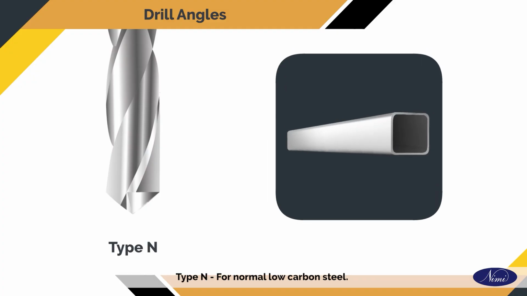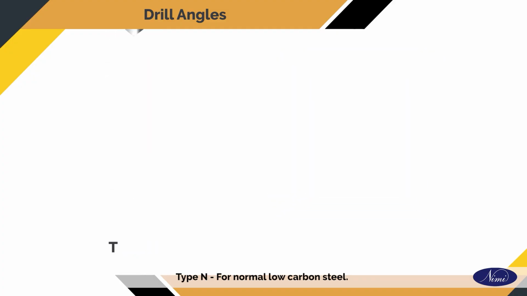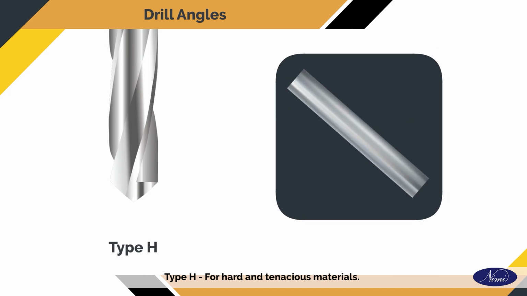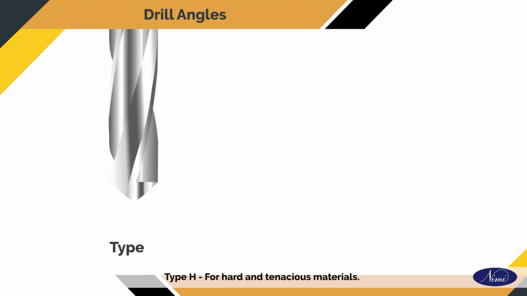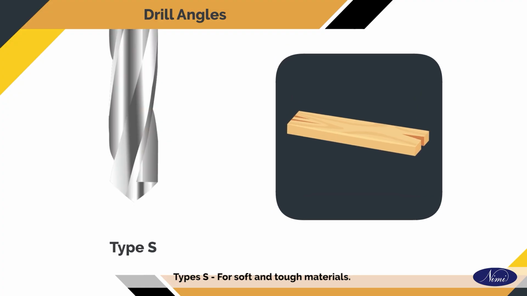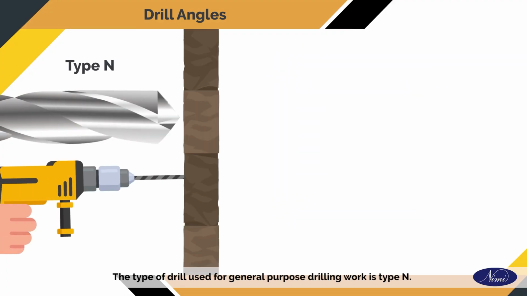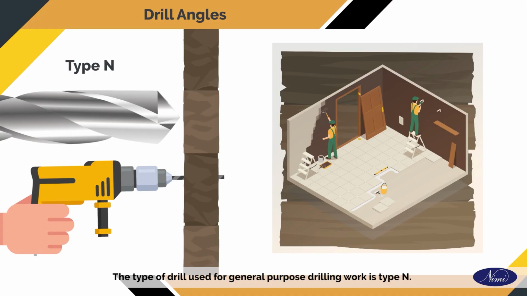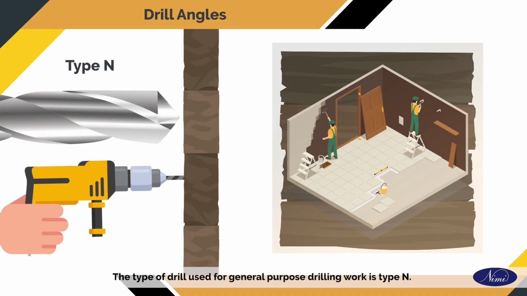Type N for normal low carbon steel. Type H for hard and tenacious materials. Type S for soft and tough materials. The type of drill used for general purpose drilling work is type N.